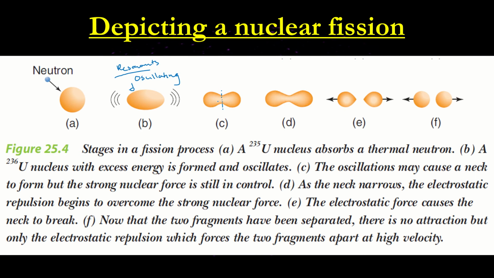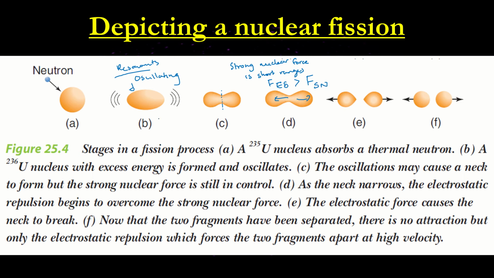Remember, as the neck narrows, the electrostatic force begins to overpower the strong nuclear force. Remember, the strong nuclear force is only strong over really short ranges. So as we get further and further apart, our electrostatic force will become more powerful than the strong nuclear force.